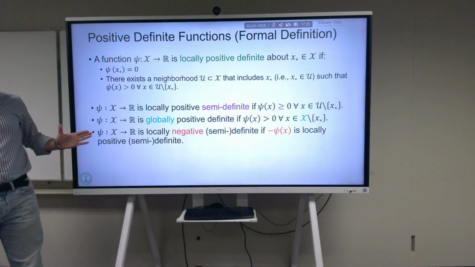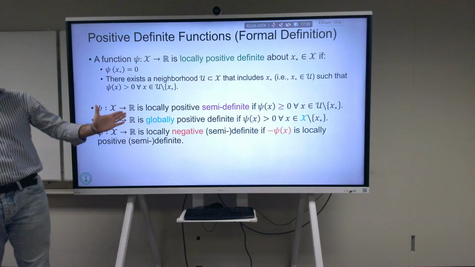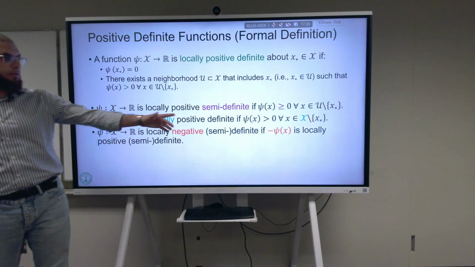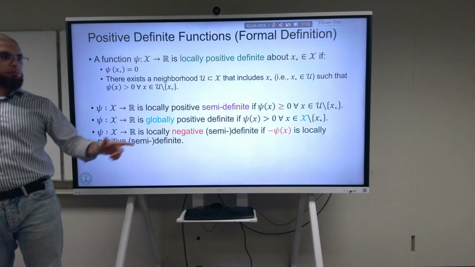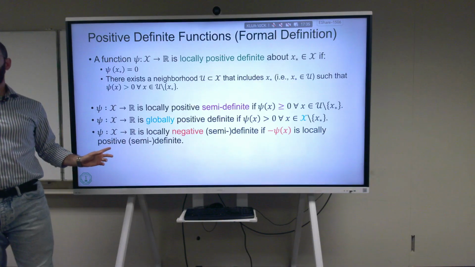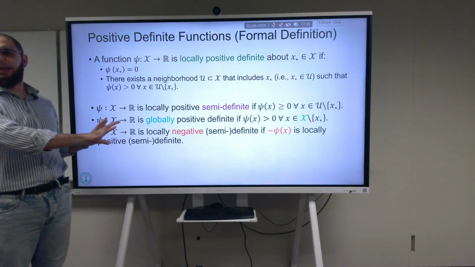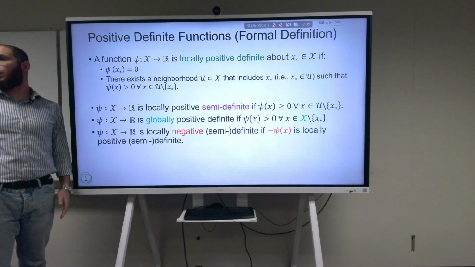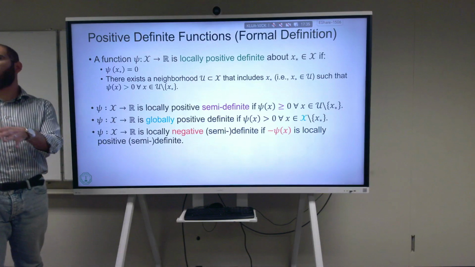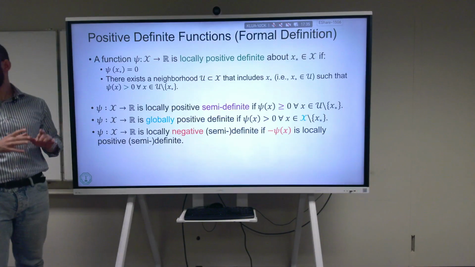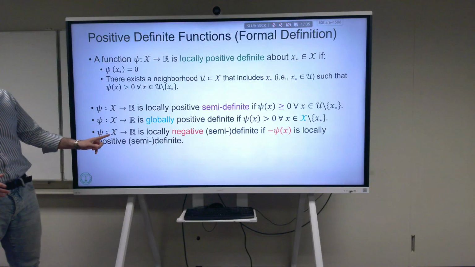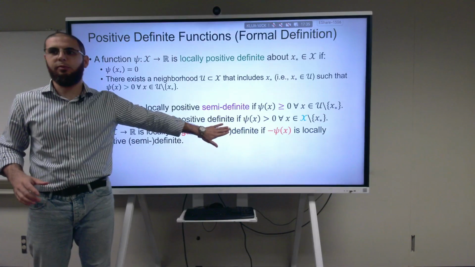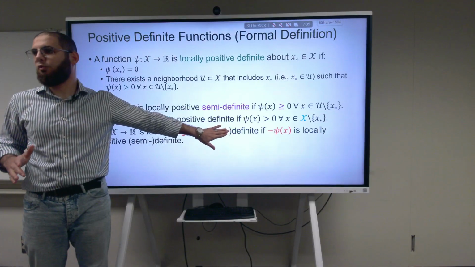And then we say the function psi is locally negative definite, or negative semi-definite, if you can show that its minus is positive definite, or positive semi-definite. In case you haven't seen this way of writing it, this point is actually 2 in 1, but it's a very compact way of writing it. So you can read it as follows. Psi is a map that goes from x to R, is locally negative, remove this part because it's in a bracket, so you can read without it.